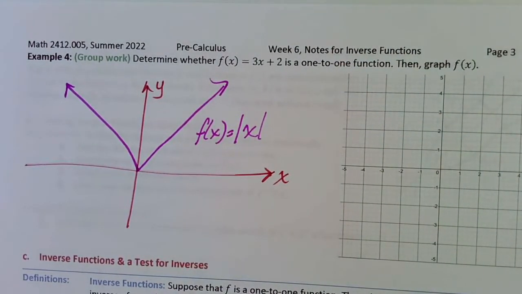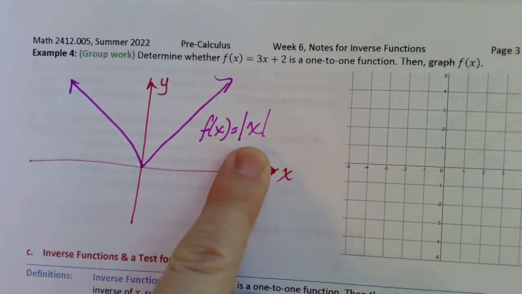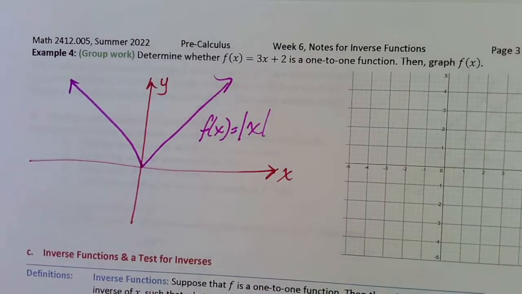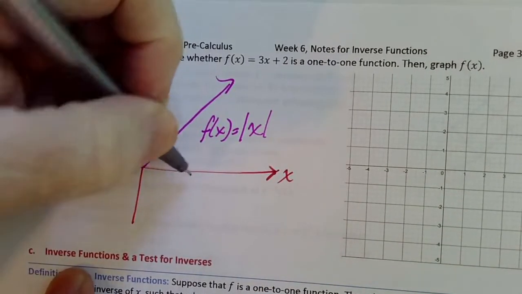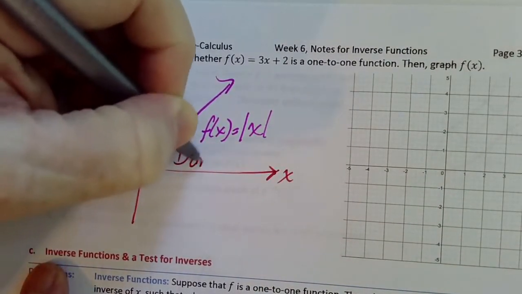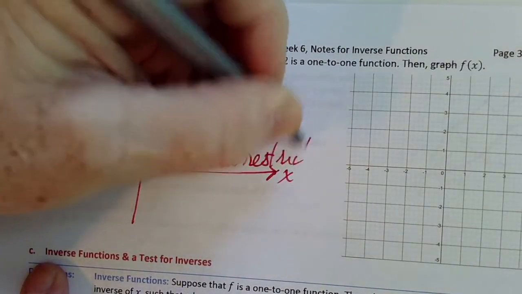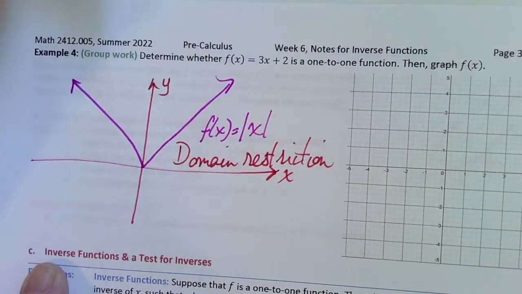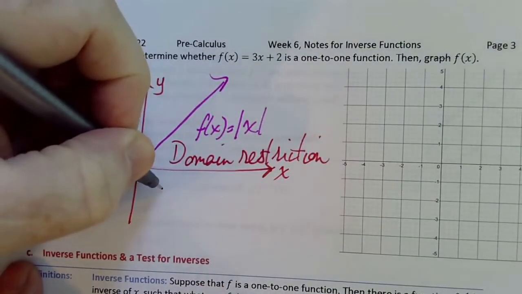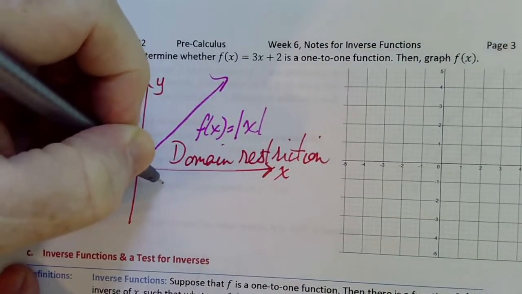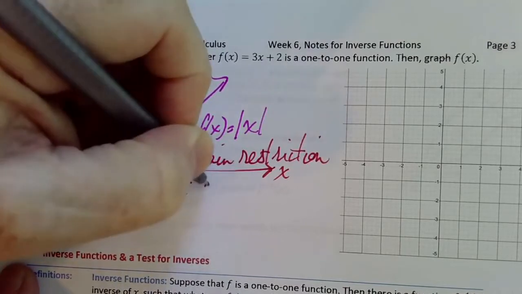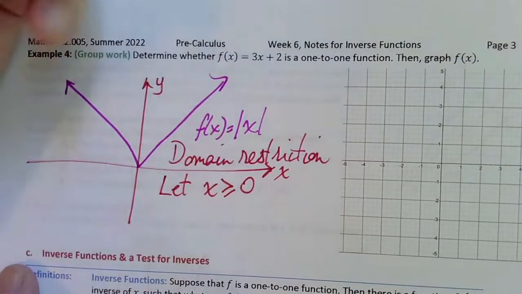To force the absolute value function to be one-to-one, we restrict the domain. So the domain restriction that makes sense here is to force x only to be positive or zero.